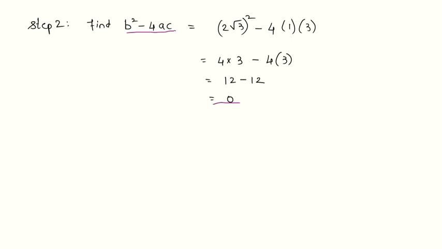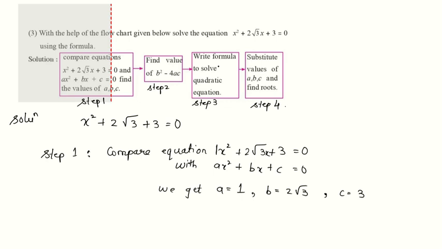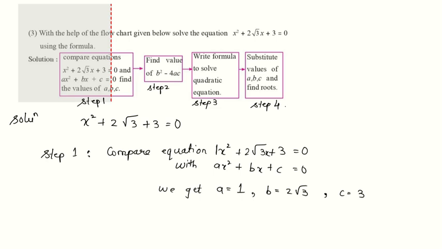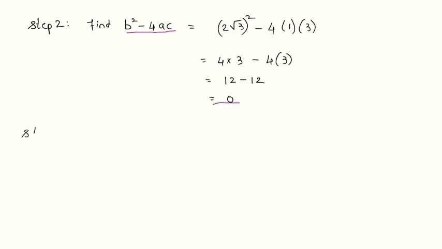Now, what is the next step? As from the question, write formula to solve quadratic equation. They have asked to write only the formula for quadratic equation. So how we will write that? Step 3, formula to solve the equation.